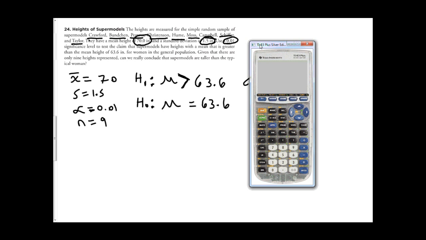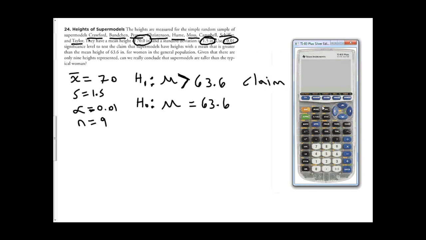Once again, let's turn it on first and clear out the information. We're going to stats, we're going over to tests again, and once again we're doing a t-test, because we don't know sigma, so we can't do a z-test. We go to t-test, it's already labeled statistics.